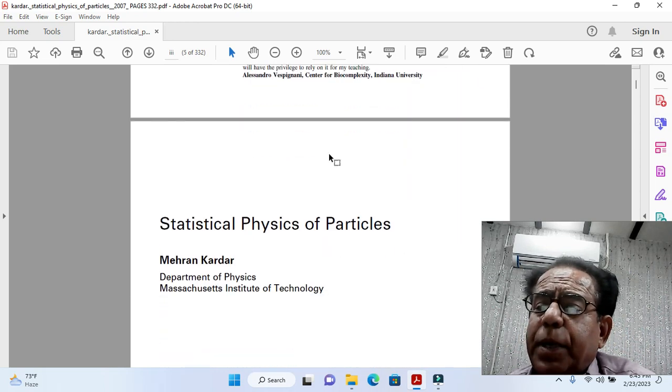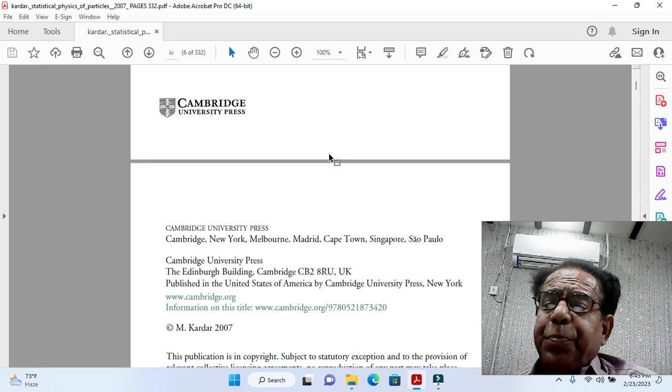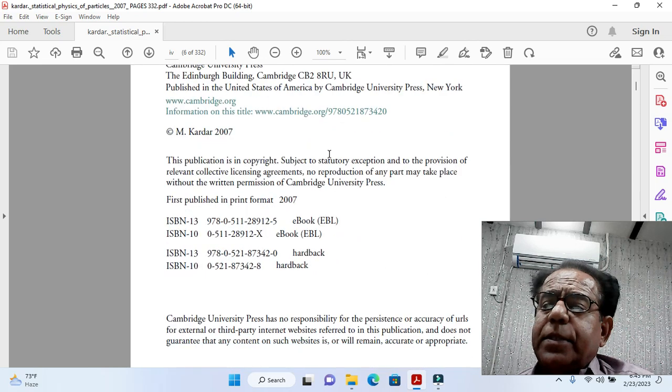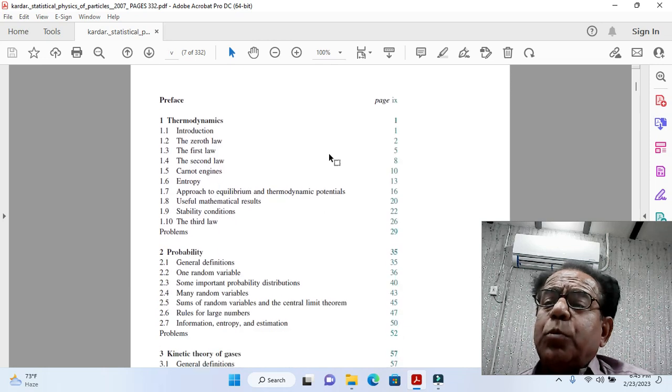Statistical physics of particles, Mehran Kardar, Cambridge University Press. This book was published in the year 2007. Now we come towards the contents.